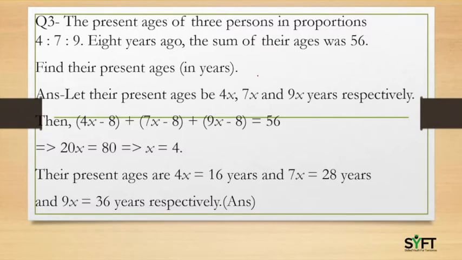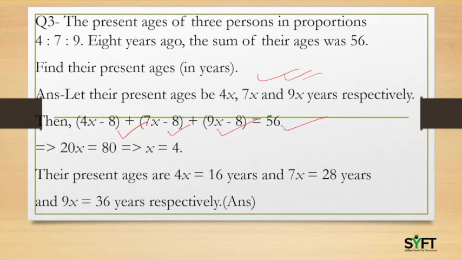This you can consider because it is in proportion. 8 years ago, that means 8 years past, means 4x minus 8, 7x minus 8, 9x minus 8. The sum of their ages 8 years ago was 56, means 4x minus 8 plus 7x minus 8 plus 9x minus 8 is equal to 56.